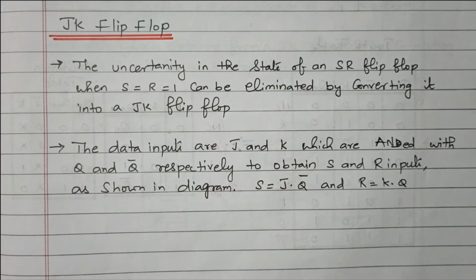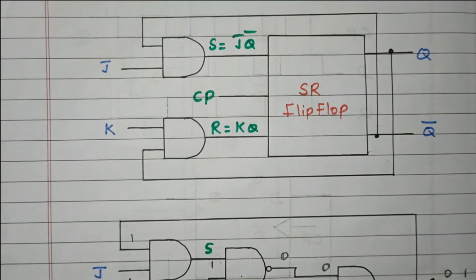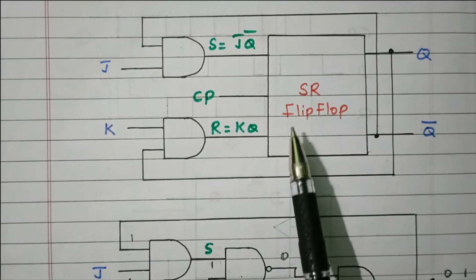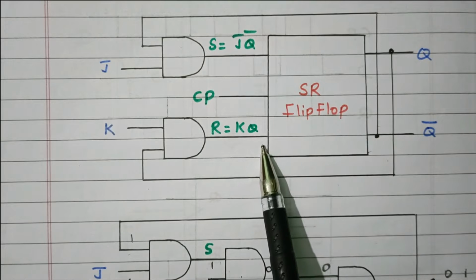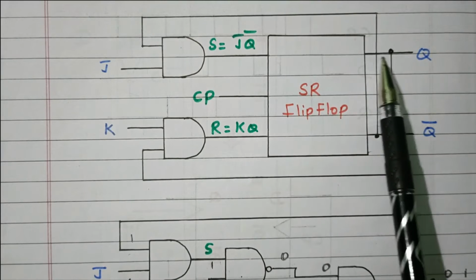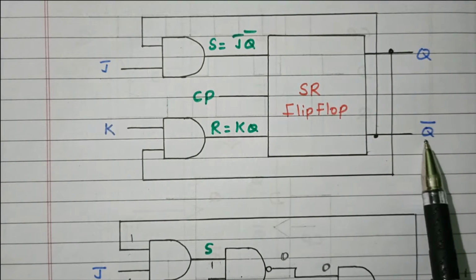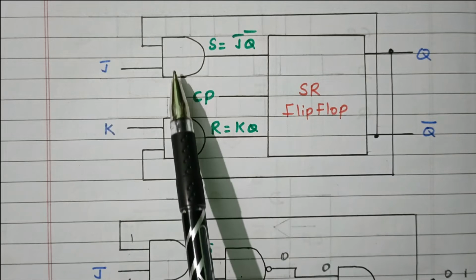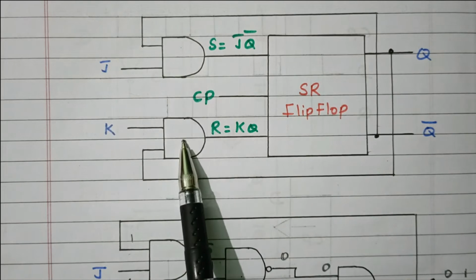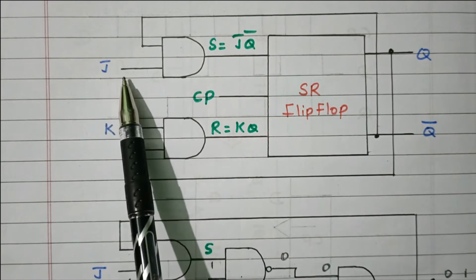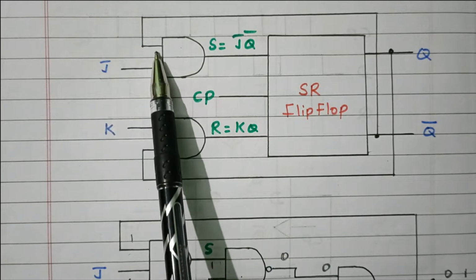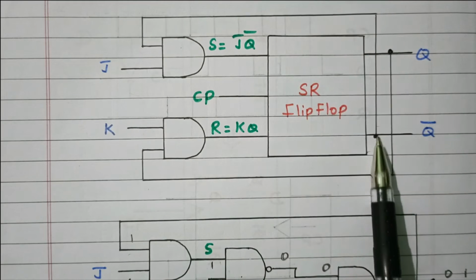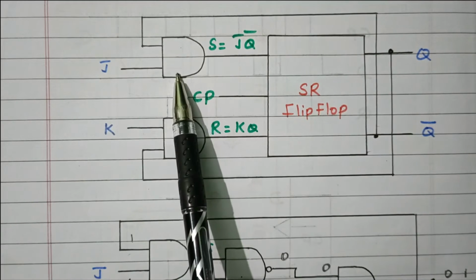Now we'll go to the logic diagram. So this is an SR flip-flop. The S input, R input and clock pulse, the output Q and the complement of the output Q. This SR flip-flop is converted into a JK flip-flop by having two AND gates. In the first AND gate, one input is J, another input is Q bar. J and Q bar are connected.